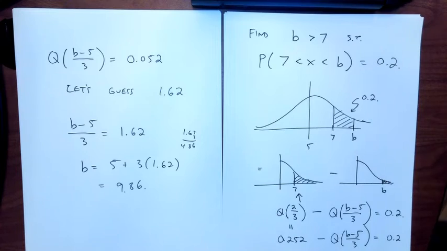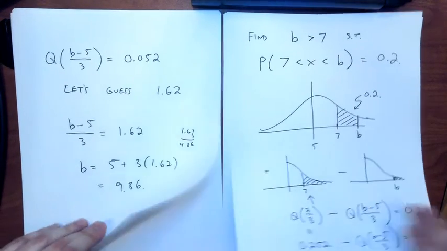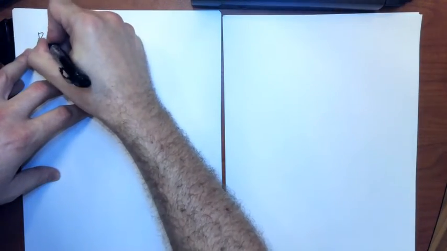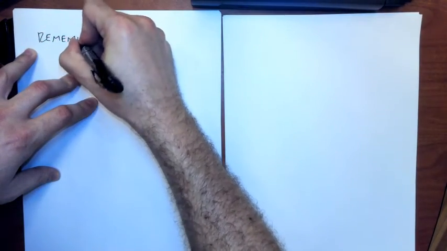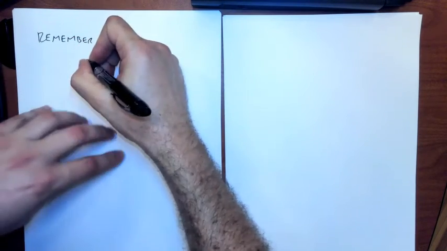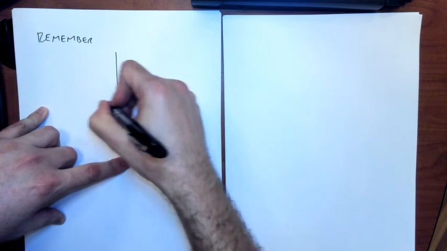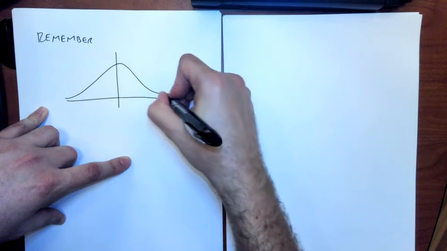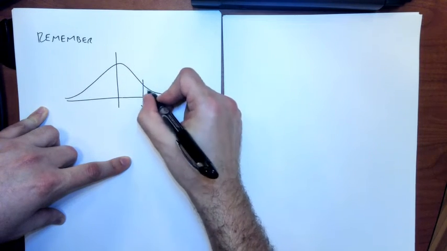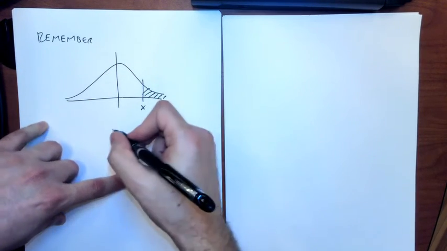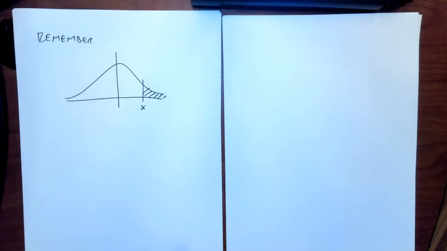And again, just a couple things to remember in terms of symmetries, right? So remember that this is defined as Q of x, but you're only going to find positive values in the Q table, right?